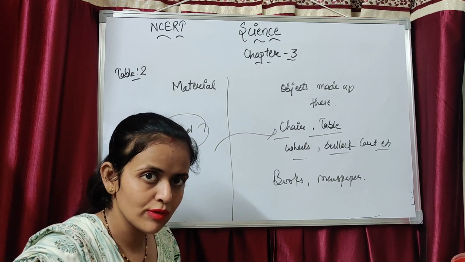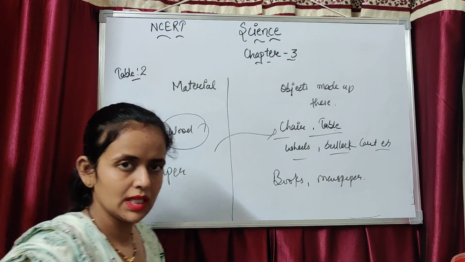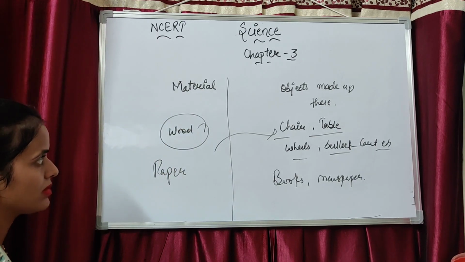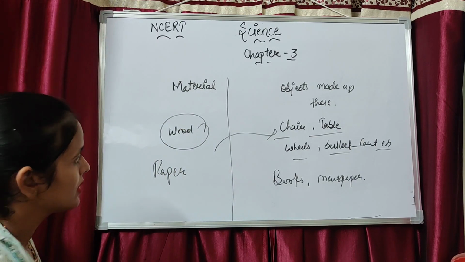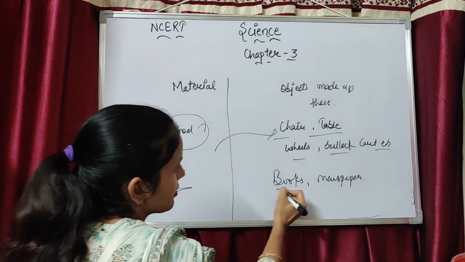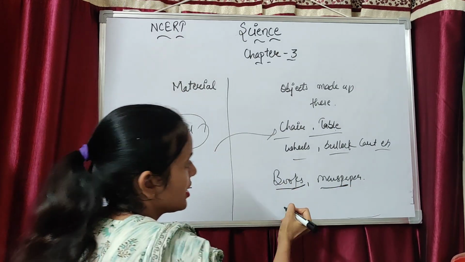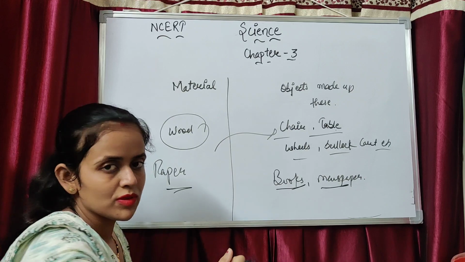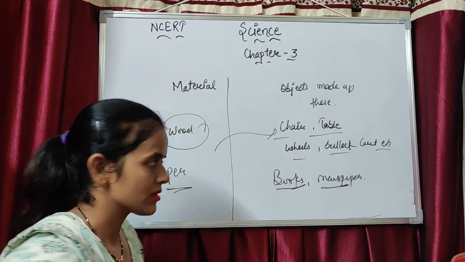Is it clear to all of you? Both are linked up. Clear? Okay. Paper will make books, newspaper, notebooks, or you can say tissue papers also, and many more things.